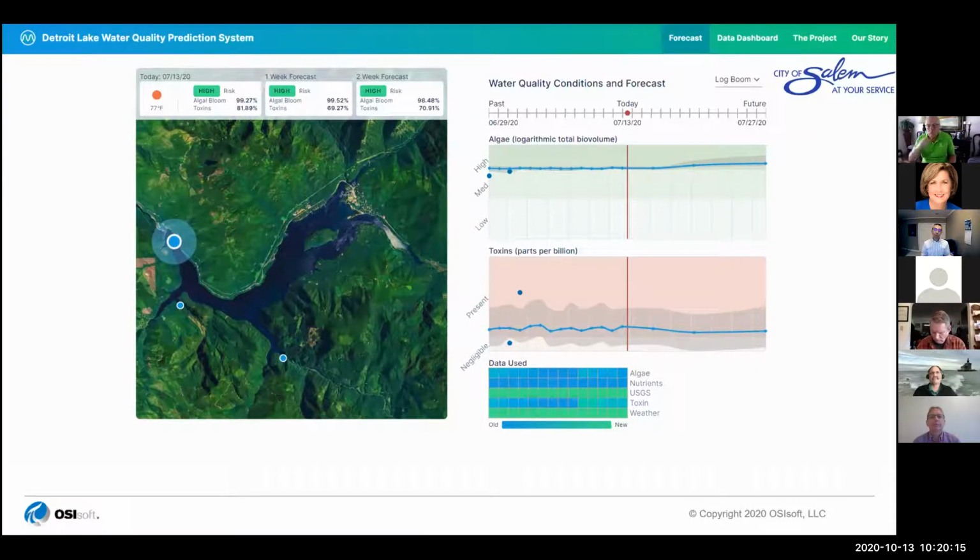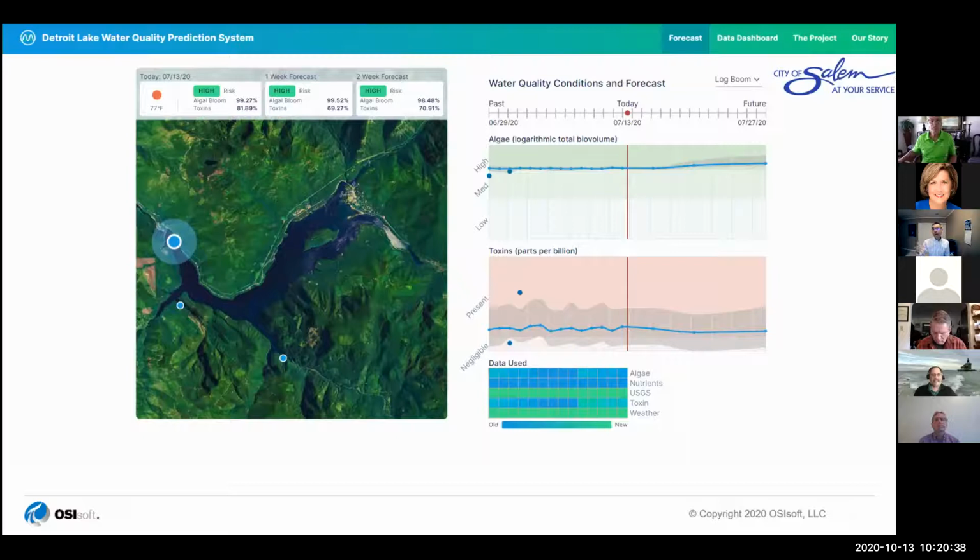This is posted and generated for the public, for public consumption. This is what we've seen with a lot of leading utilities: they're very proactive and there's a lot of outreach. That's what we want, right? We want to be proactive as much as possible. This allows people to decide if it's safe to go swimming, and of course they can see this all in real time.